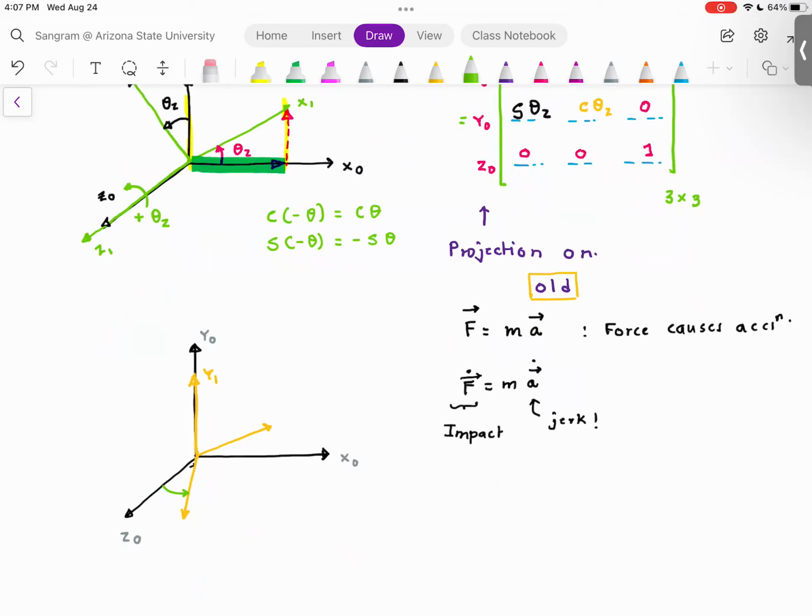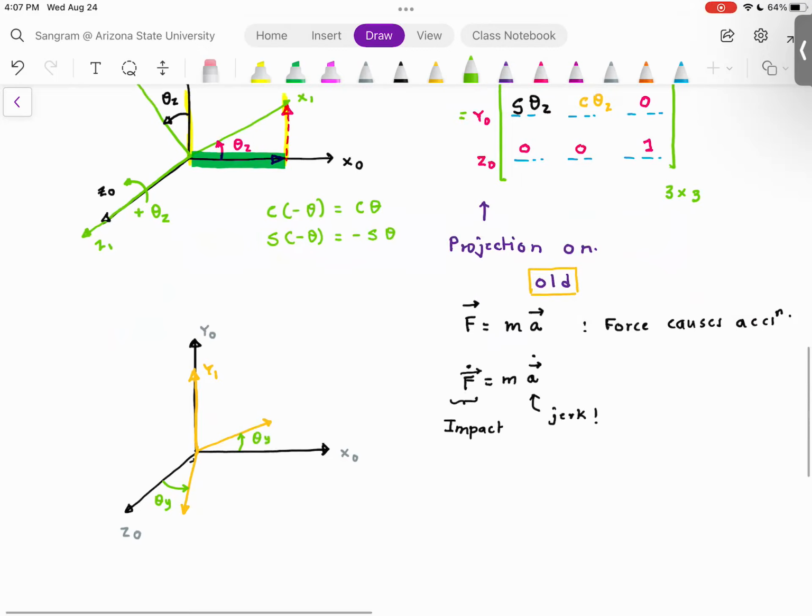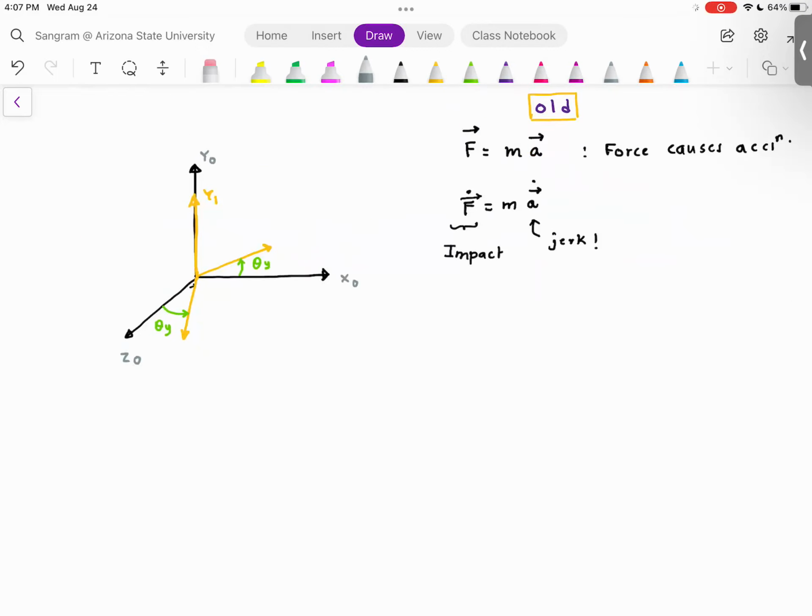Okay. This is theta y. I'm going to solve the hardest part here, and I will let you answer the easier part. So what goes on top? Projection of x1, y1, z1. What goes here?